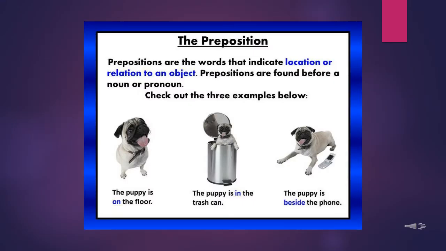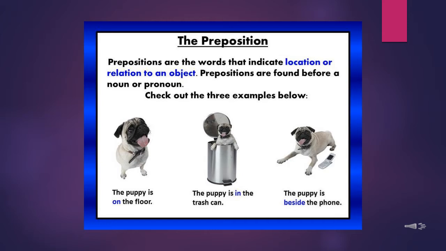So students, what is preposition? The prepositions are the words that indicate location or relation to an object. Prepositions are found before a noun or pronoun. So let's read these examples. The puppy is on the floor. The next sentence, the puppy is in the trash can.